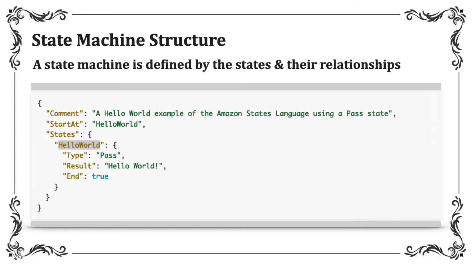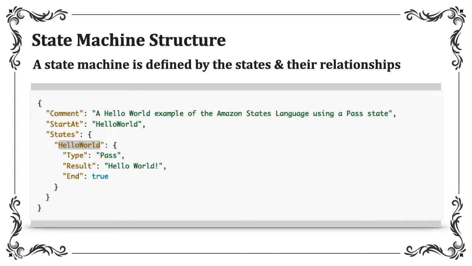So the following is an example. When an execution of this state machine is started, the system begins with the state referenced in the StartAt field. In this case, HelloWorld. If this state has an End: true field, that means we have set the variable End to be true and the execution would stop and return a result.